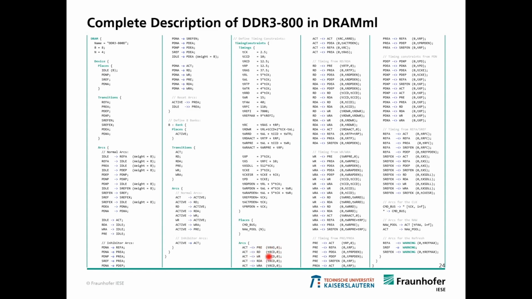The first value is within a bank, and the second value is among the banks. And this is how we solve this problem of hierarchy. So you see this file consists of a DRAM description. A DRAM consists of a device, and the device consists of a specific number of banks that could also be configurable. So you see that the hierarchy is described in this DSL.